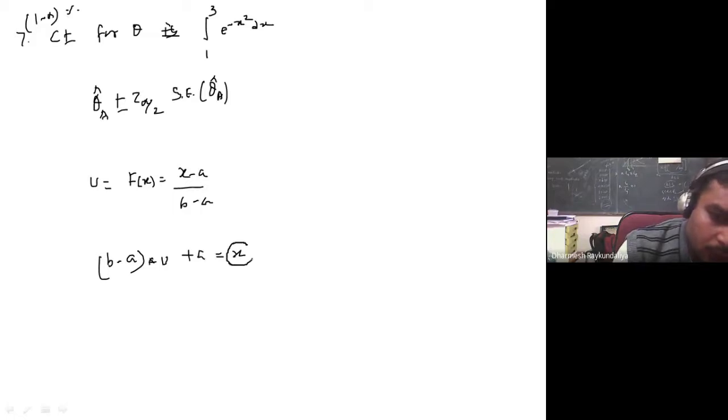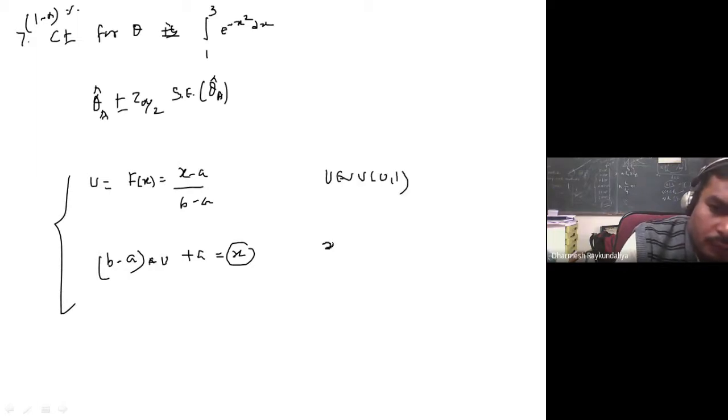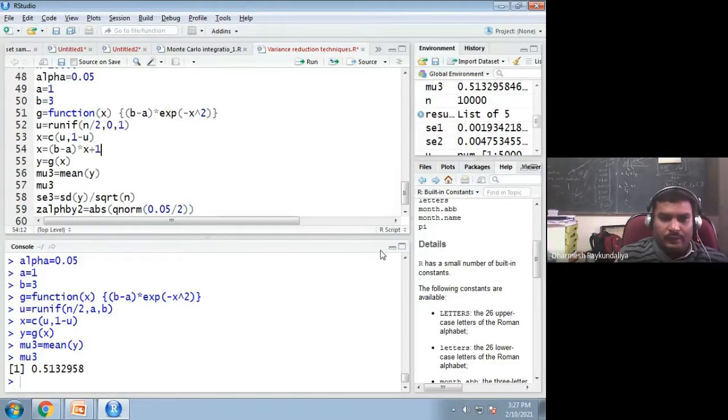So now this x is generated from 1 to 3. Okay, why? Because u is distributed uniform 0 1, and we show that x is uniform between a to b. So that is how it has given the error. So this is what I have written the same.